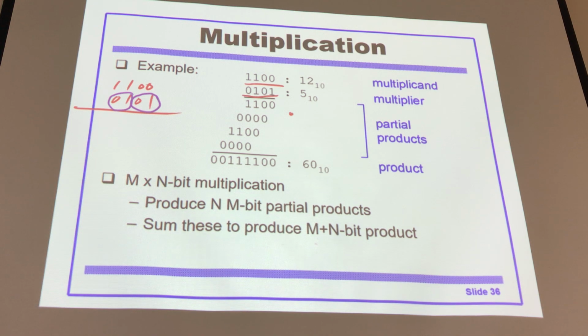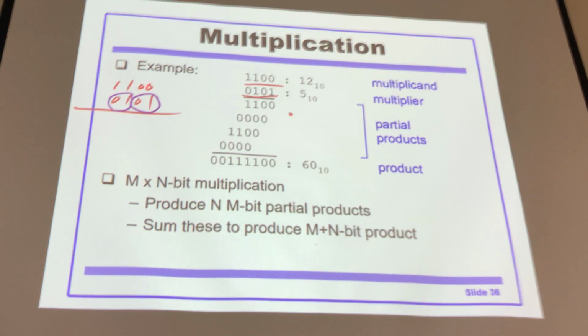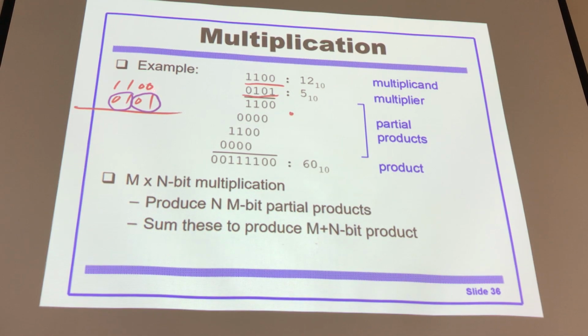For the multiply, 2 bits times your multiplicand. Then you only get 2 partial products. In this case, that's easy because 1100, and then 1100. That's 0 result. Now only 2 partial products.